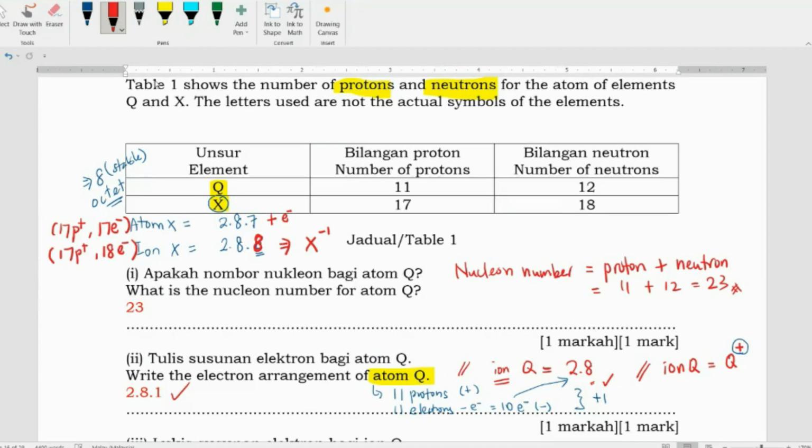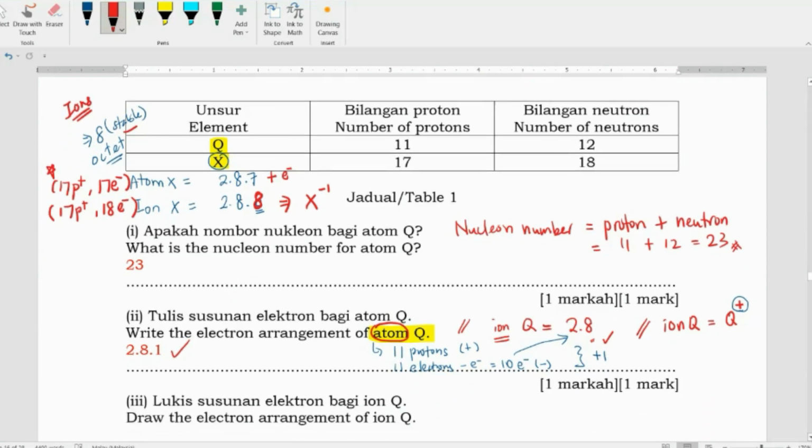This concept is simple, but a lot of students cannot answer the questions. So you have to be careful whether the question asks you about atoms or ions. If the question asks about ions, it needs to achieve octet electron arrangement, which is the stable one. Now see this question, ions Q means already achieved octet electron arrangement. If atom Q, it would be 2.8.1.